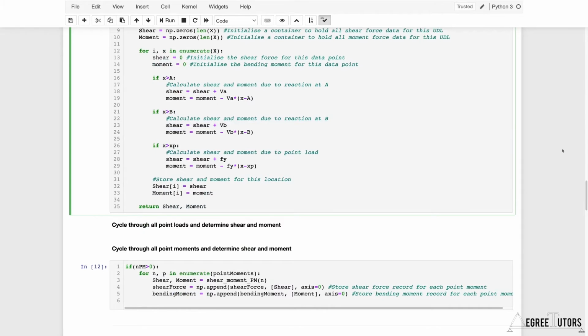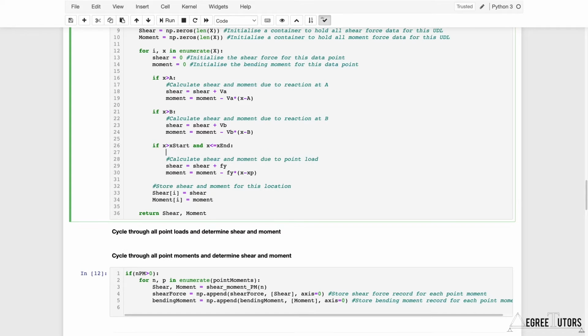This is where we need to change things up a little bit. So we're going to have a first condition that says, let's just get rid of that condition. So if the cut x is greater than x start and x is less than or equal to x end, right? If that's the case, well, then we're cutting through our distributed load.